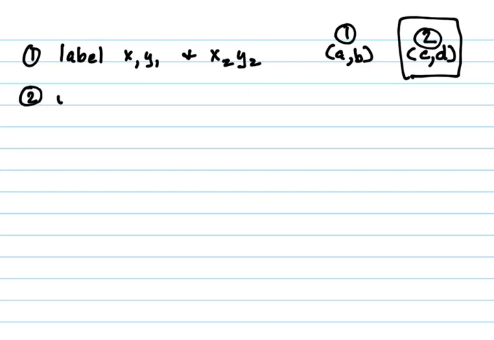Second, write down the formula. I know you don't want to have to write down anything that you don't have to, but your job here is to get this done and get it done correctly. And if you just write down the formula, it will make your life easier.